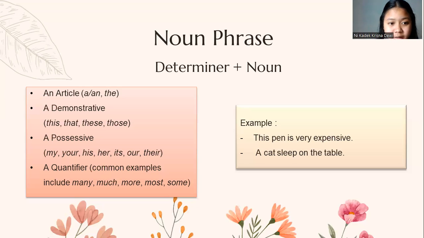The second, demonstrative, like this, that, these, and those. The third is possessive, like my, your, his, her, its, our, and their. And the last is a quantifier. Common examples include many, much, more, most, and some. The examples are, number 1, this pen is very expensive. Number 2, a cat sleeps on the table.